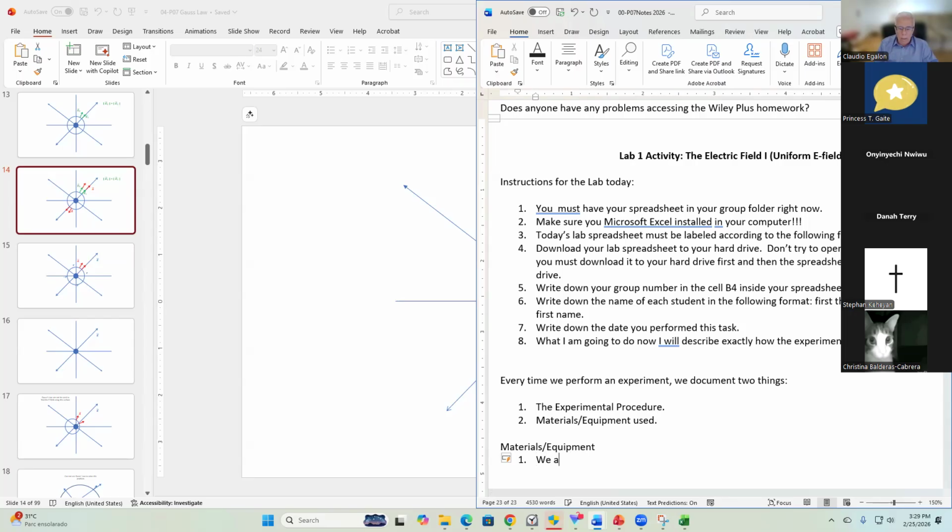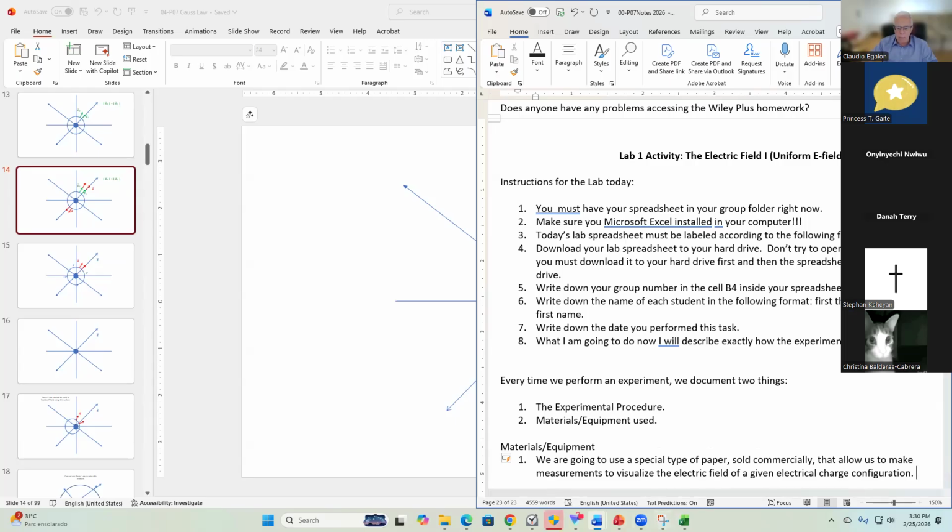One, we are going to use a special type of paper sold commercially, a special type of paper that allows us to make measurements to visualize the electric field of a given electrical charge configuration.